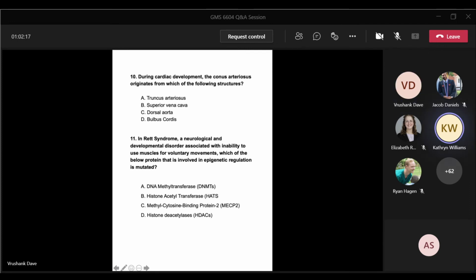In Rett syndrome, a neurological and developmental disorder associated with inability to use muscles for voluntary movements, which of the below proteins that is involved in epigenetic regulation is mutated? Is that C? That's correct. It is C. How many of you know what actually MECP2 does?